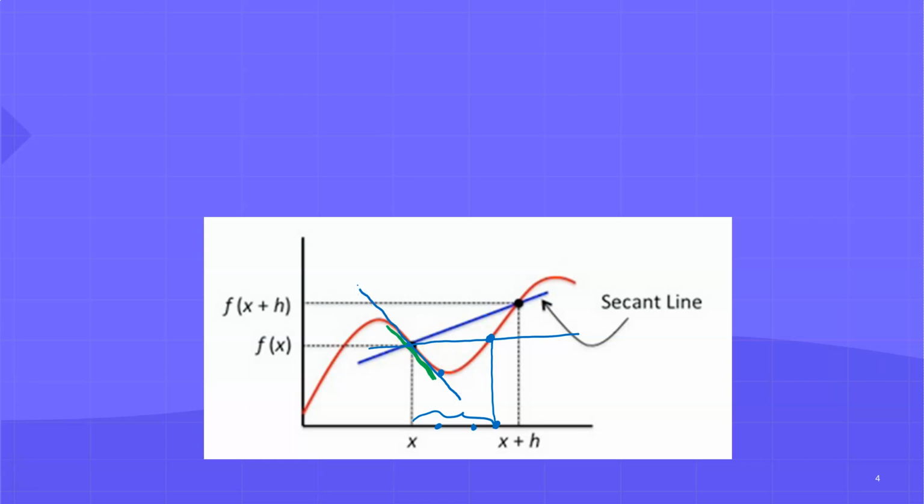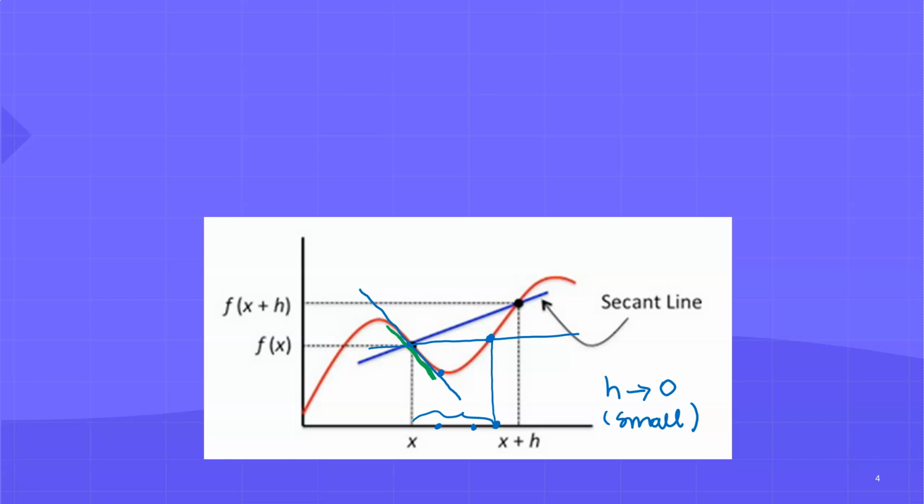Okay, so the concept is if h is approaching 0, which is really small, then the blue line will look very much like the green line.